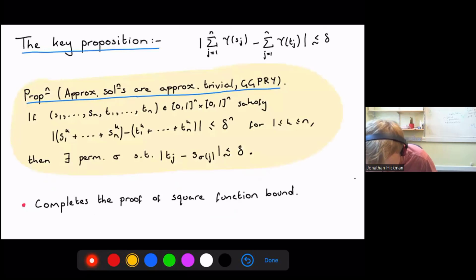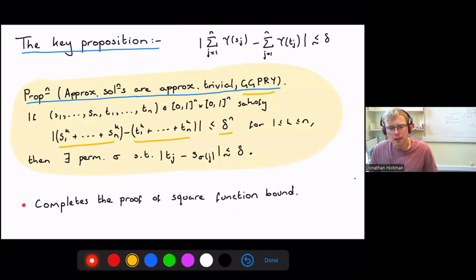Now, the key proposition characterizes these approximate solutions to this system. This is the key ingredient in the paper of Gressman and co-authors. So let's suppose that s and t are an approximate solution to our Vinogradov type system in the sense that we described earlier. So if we look at the difference between the kth power sum in s and the kth power sum in t, this is at most delta to the n.